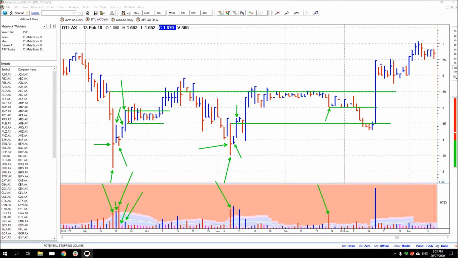Once again, normally you'll see some sort of consolidation in the form of a bull flag, like this. However, in this case, the market was so strong, it couldn't even pull back properly.